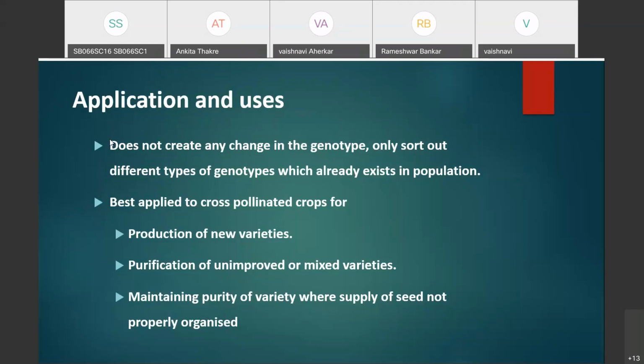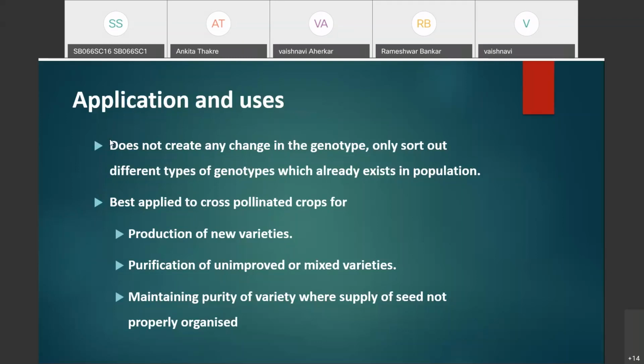Okay, then here the method is best applied to the cross pollinated crops. We have discussed it in the lecture, that this method is generally used for the improvement of cross pollinated crops. Because the success of mass selection depends upon the genetic variability of the crops.